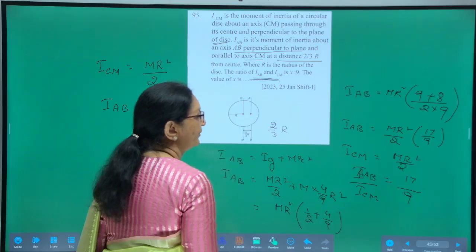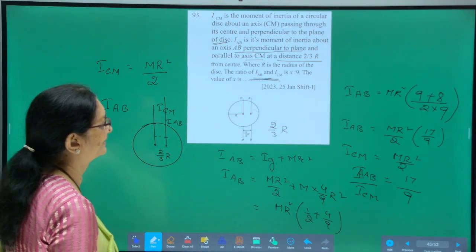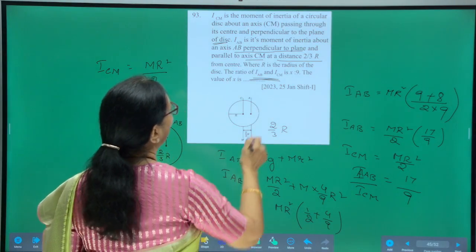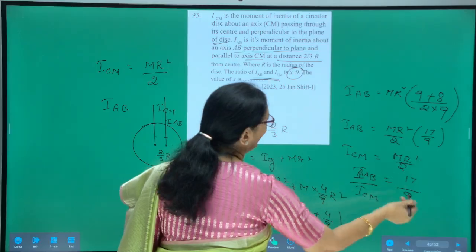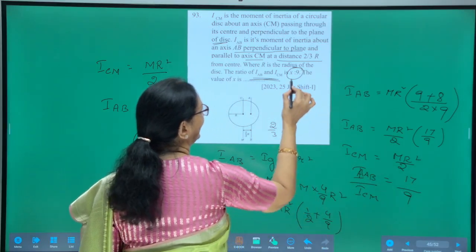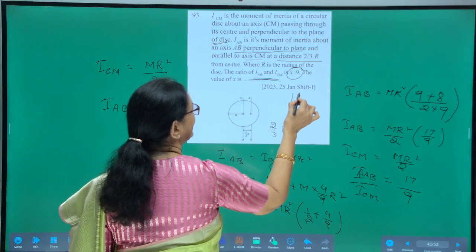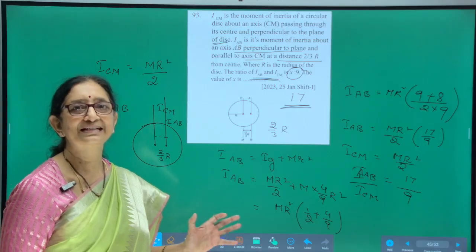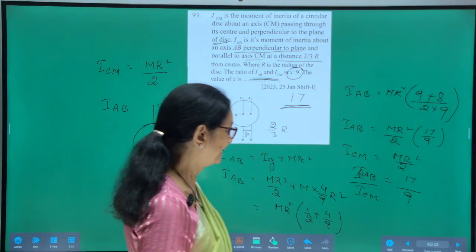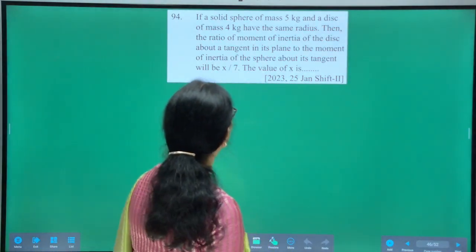Mr square by 2, mr square by 2 gets cancelled. But here he has given the ratio as x:9. We got it as 17:9, but he gave it as x:9. So, in place of x we have 17. Okay, just application of the parallel axis theorem.